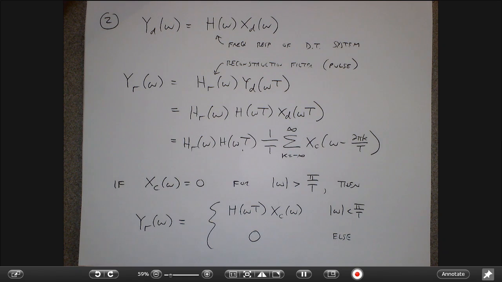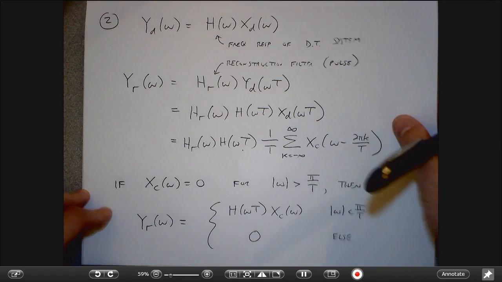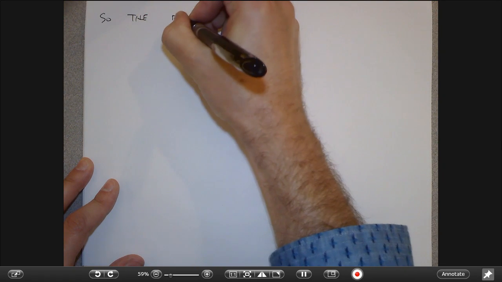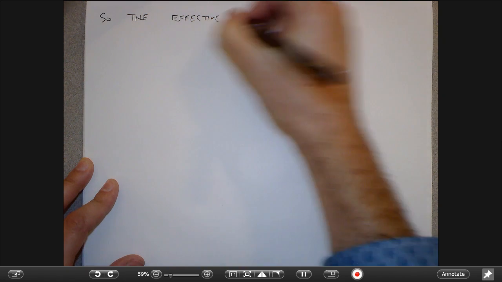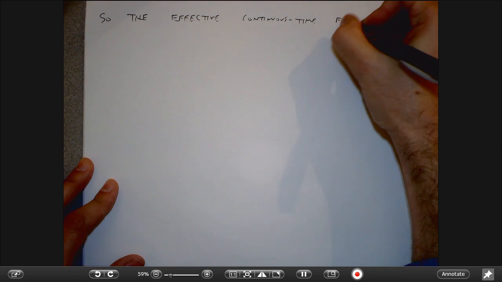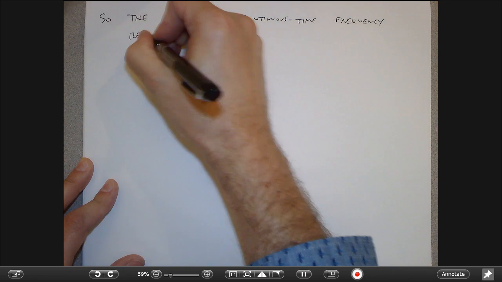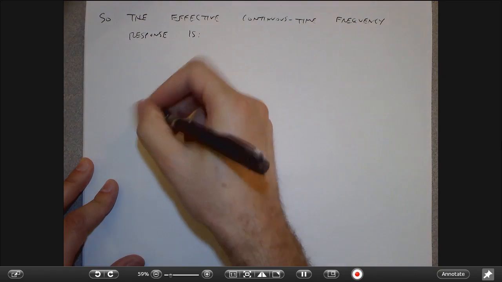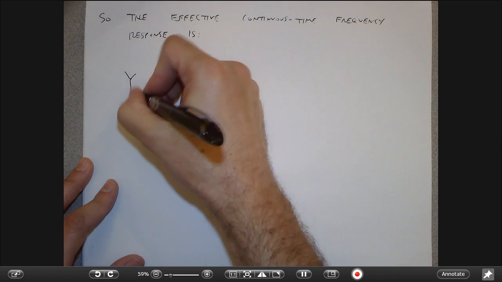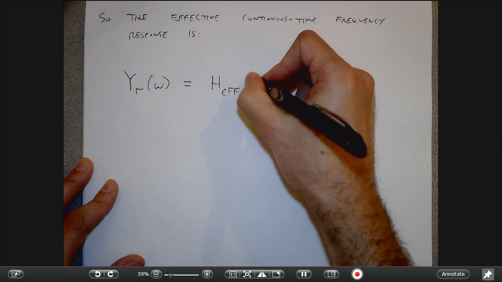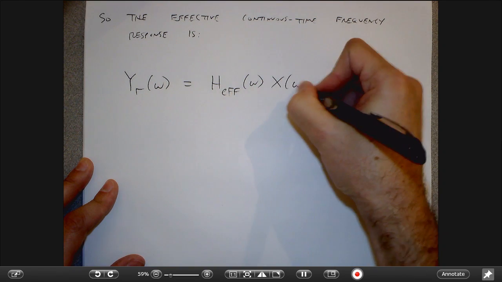And so basically the overall effective frequency response is that, in continuous time, I have some effective filter applied to my original continuous time input.